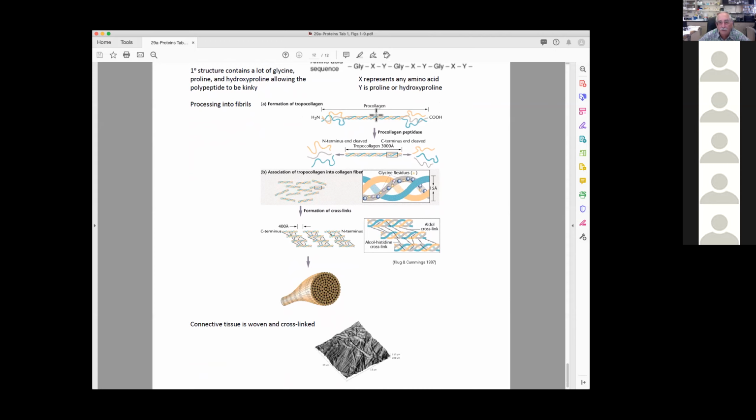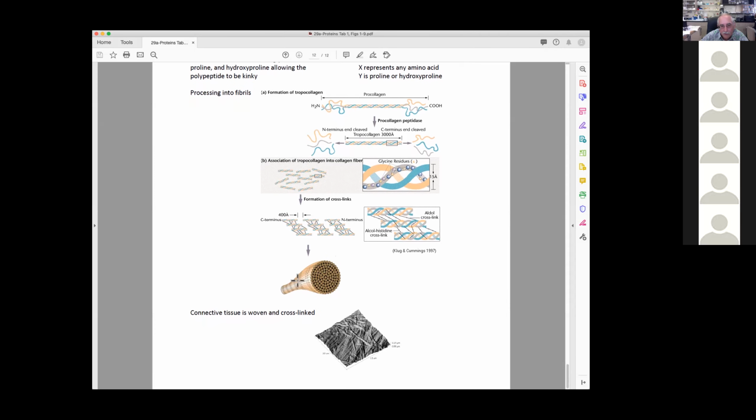An enzyme comes along and cuts those off, right? And then those tropocollagens are associated into the collagen fiber, okay? And then you have these cross-links going on like this. So here's what the cross-links look like, right? Then you assemble them all into this fibril.